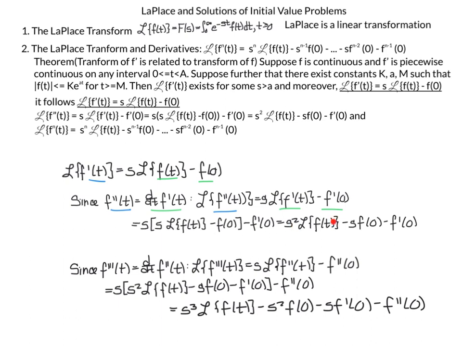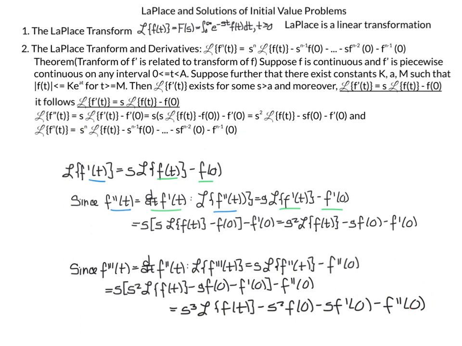So what you see is that everything gets multiplied by s. So I have s cubed now, L of f of t minus s squared f naught minus s f prime of 0 minus f double prime of 0.